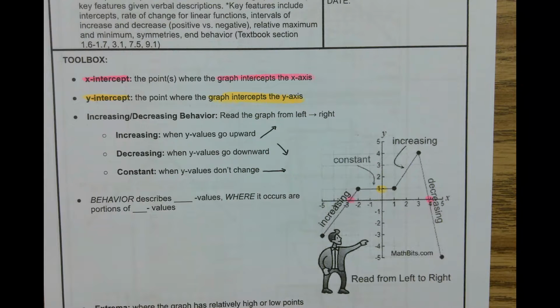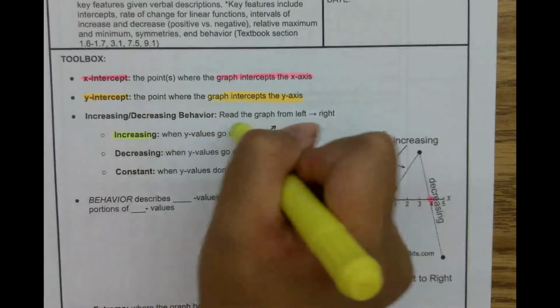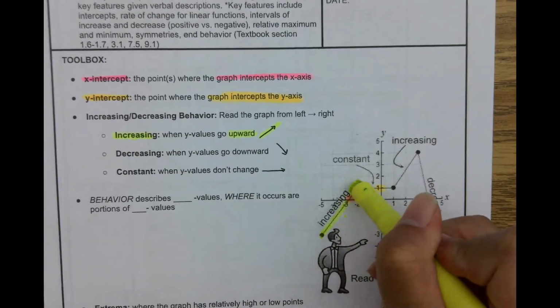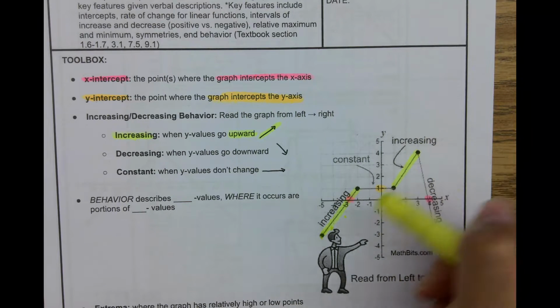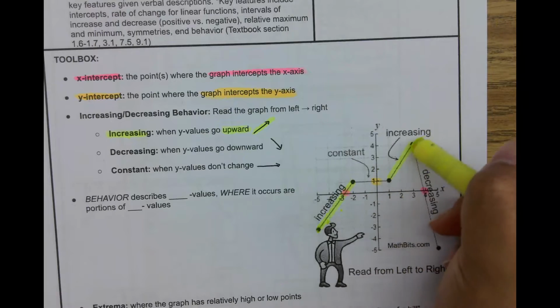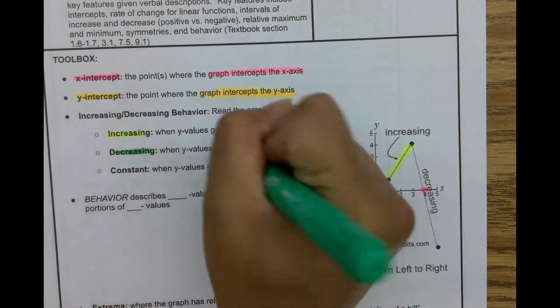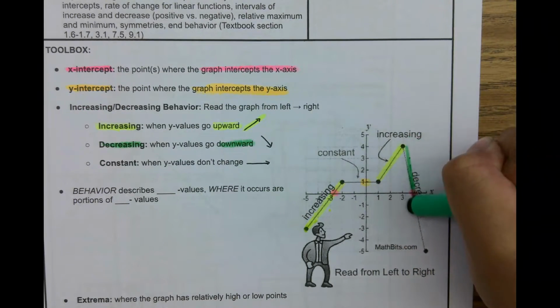So here, what we see is that it is increasing when it goes upward. Tracing it, at this point of the graph, it's going upward. At this point of the graph, it's going upward as well. You're reading it from left to right, so whenever you go upwards, that is increasing. It is decreasing whenever you feel it going downward. For example, if I was tracing it at this point, my finger would be going downwards.